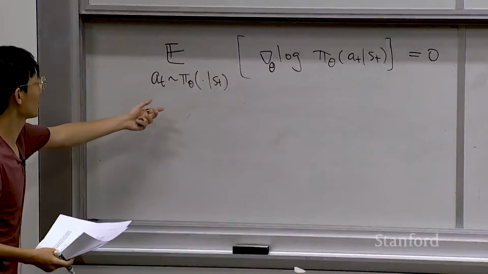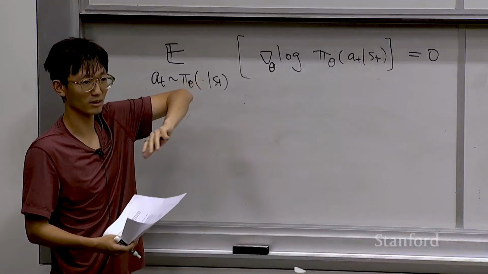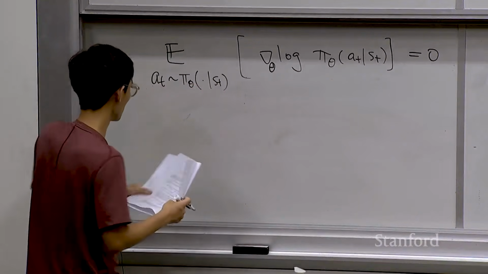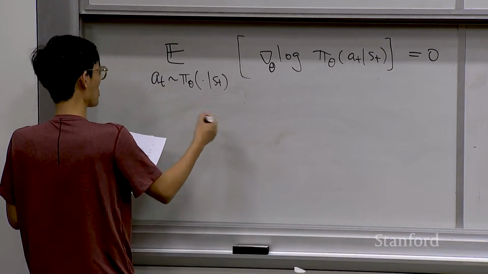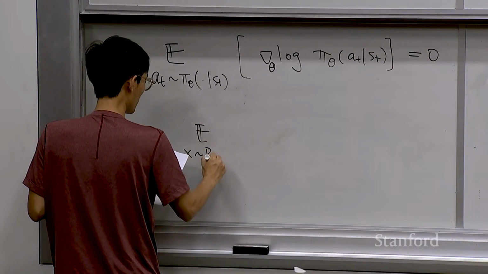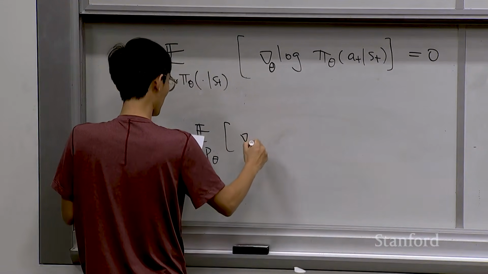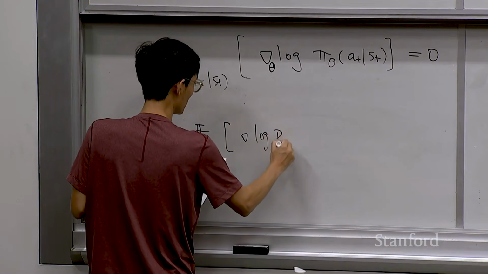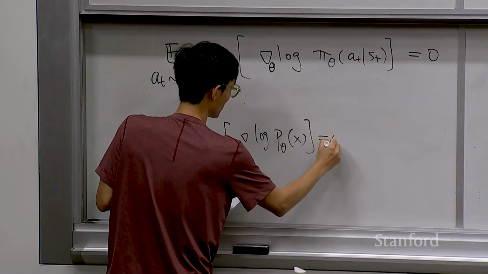The abstract way to think about this is that if you have a random variable x, sampled from some distribution p_theta, then the expectation of the gradient of the log probability of this is always 0.